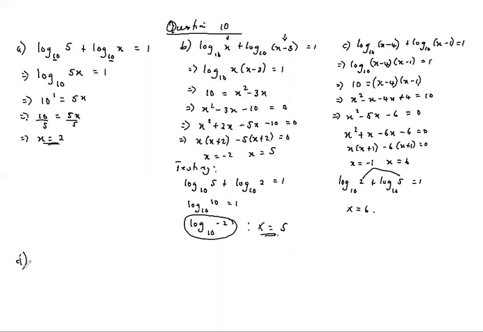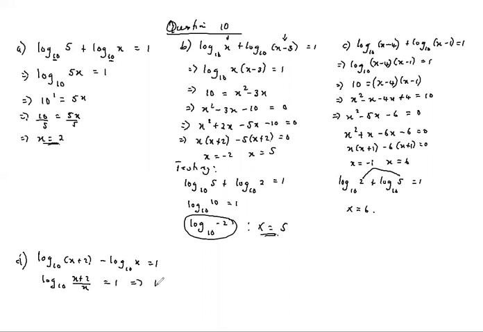Then D, you have log 10 x plus 2 minus log 10 x is equal to 1. So here you get log 10 (x plus 2) over x because of the minus is equal to 1.